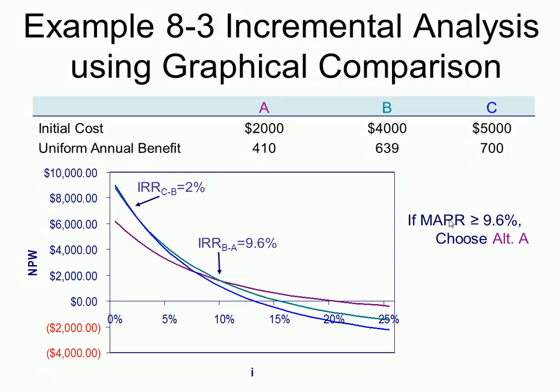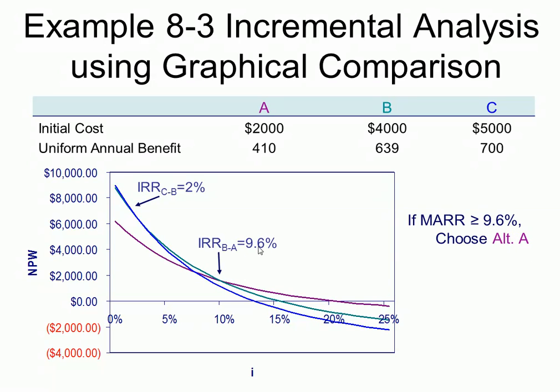So if the minimum attractive rate of return is larger than 9.6, then there is no interest in adding this additional money to pay for a higher cost alternative. Then we should go with the lowest cost alternative, which is A. So we're choosing alternative A because the minimum attractive rate of return is higher.